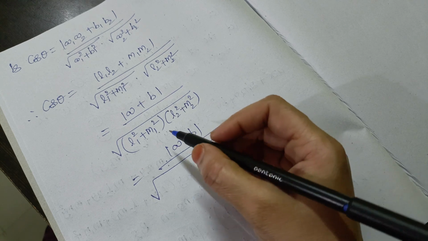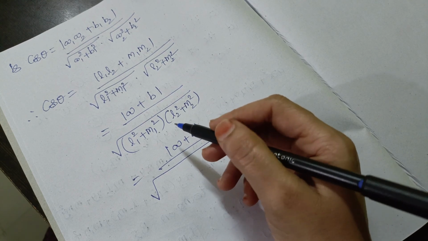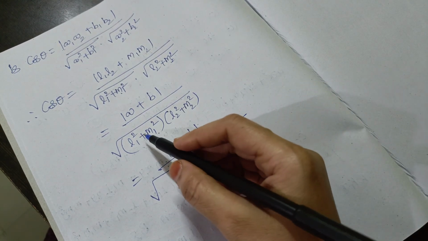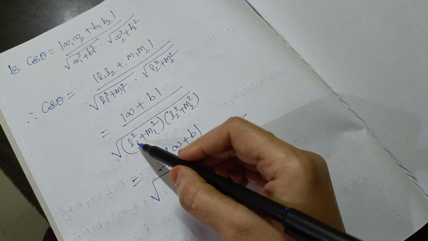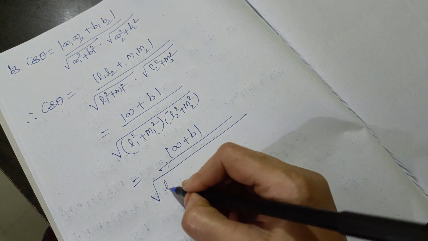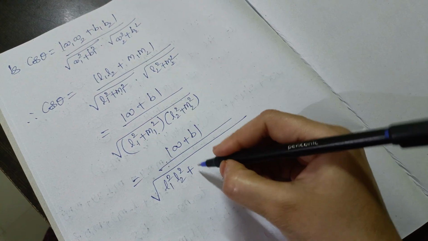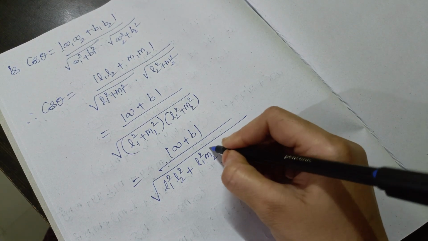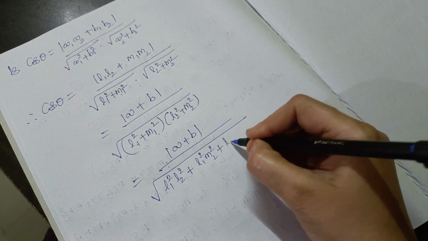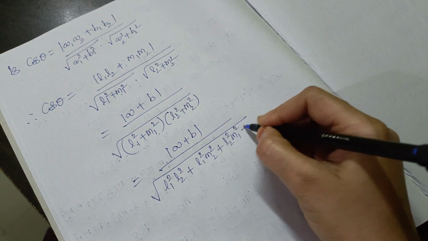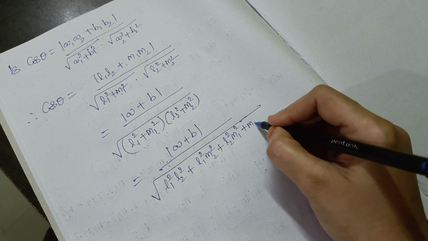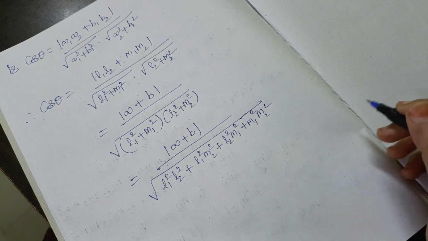If you learn it one time, that will be enough. It is very important, simple calculations. So let us see in detail. Multiply term by term: L1 square L2 square plus, by the distributive property, L1 square into M2 square plus L2 square into M1 square plus M1 square M2 square.